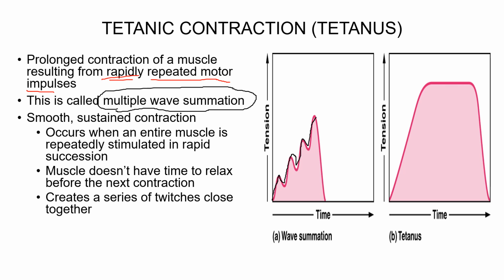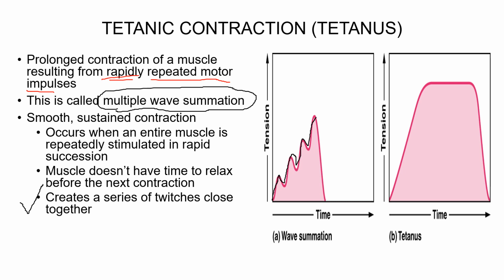This is dealing with you're not giving the body enough time to relax. So this is an example, kind of like running, if you will. You just keep going and going and going. Your muscles are constantly working. It creates a series of twitches together, but remember the true definition of a twitch is just a single contraction.